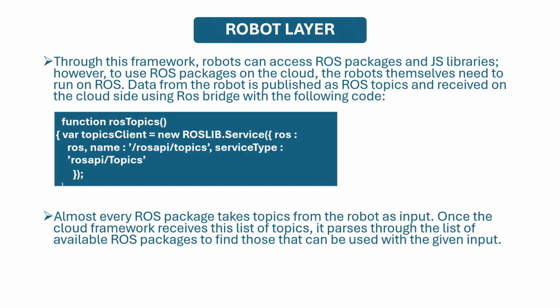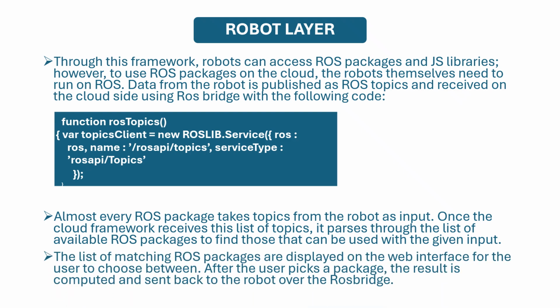The cloud receives a list of topics, meaning there are so many topics for computational purposes, and the ROS packages are given by the cloud with the help of these given inputs. Input signals are given from the robots and the cloud provides the available ROS packages to find the computations of those inputs. Clear?